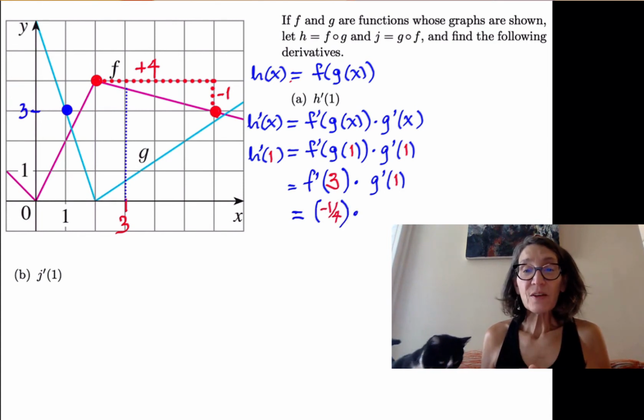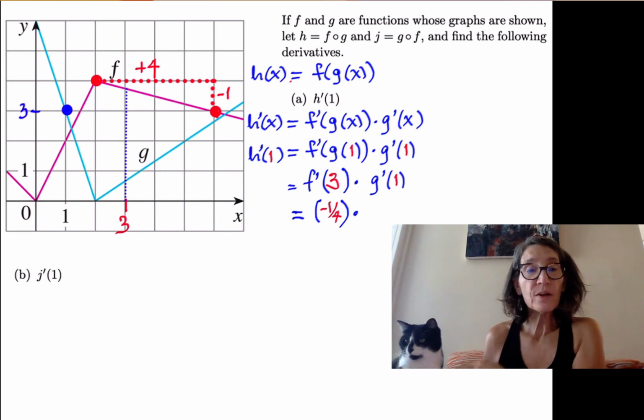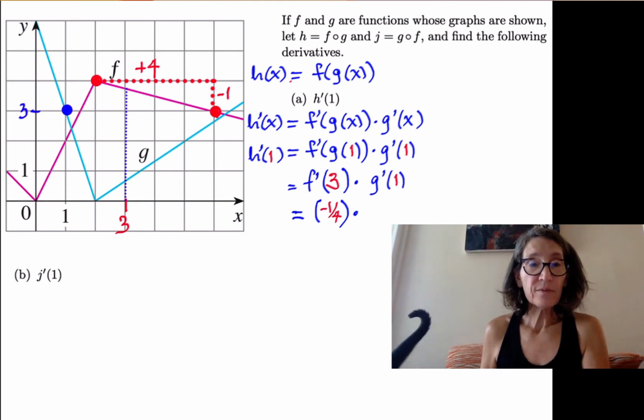Let's do the same thing for G prime of 1. Looking at the graph of G and locating where X is equal to 1, going up to the blue graph, that point (1, 3). What's the derivative at that point? Well, it's the slope of that blue line segment, and we can get another point there.